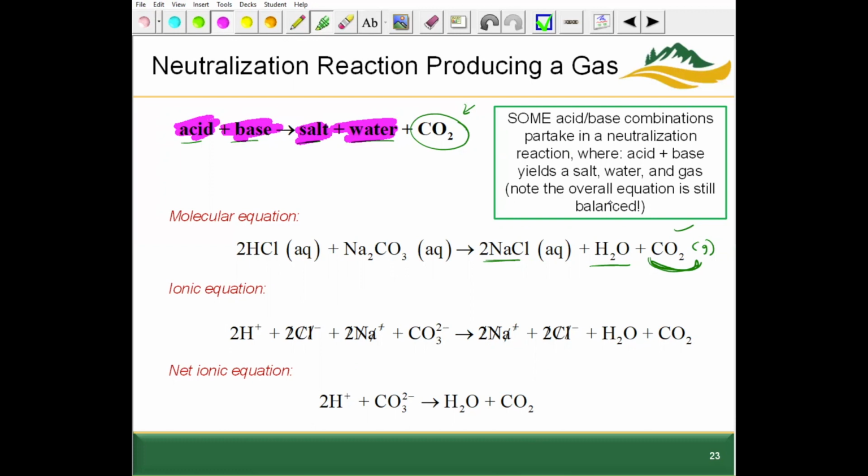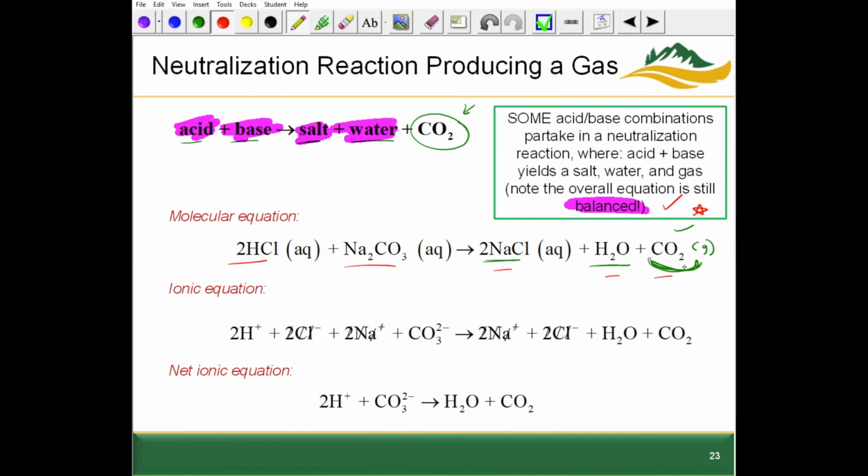We're also always going to have a balanced reaction. That's not specific to acid and base reactions, but we're always gonna make sure we have a balanced overall reaction. So here's our acid, here's our base, here's our salt, water, carbon dioxide.